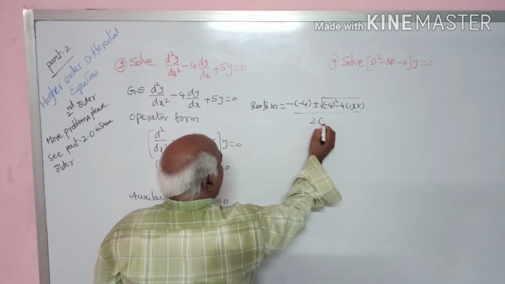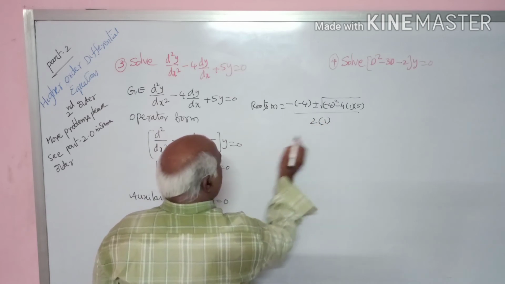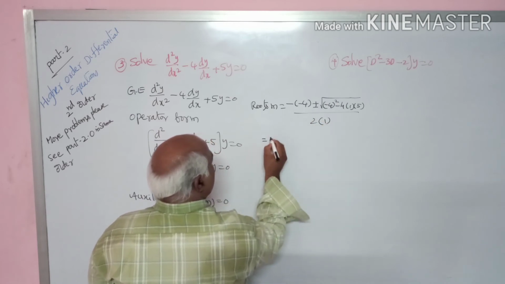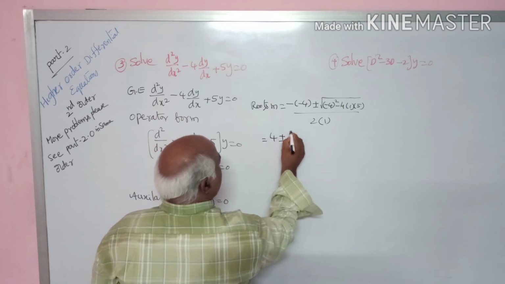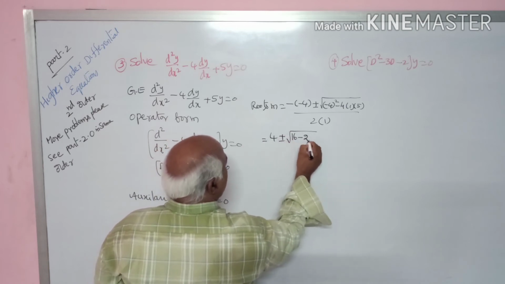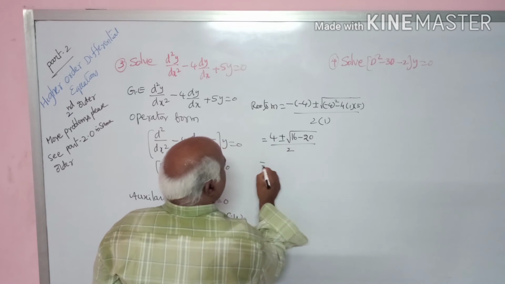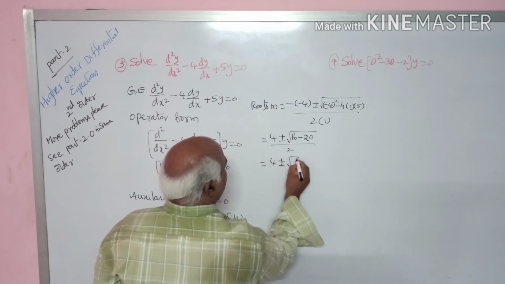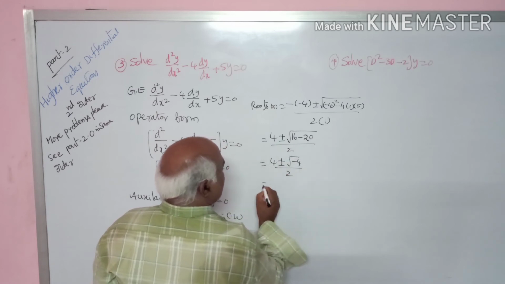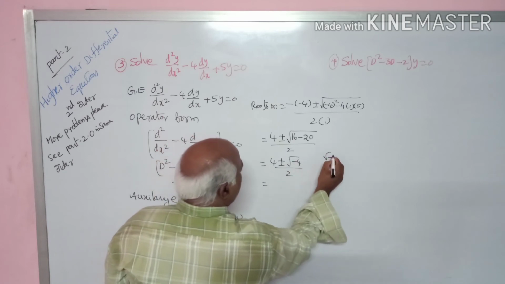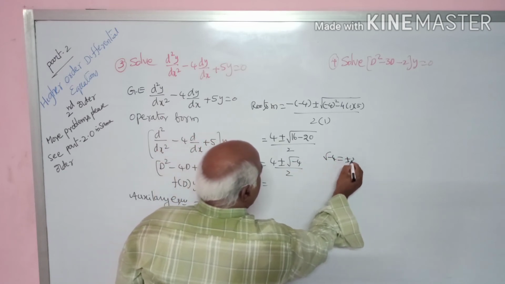Therefore 2a is 2 into 1. Therefore m is equal to 4 plus or minus root of 16 minus 20 by 2, that is 4 plus or minus root minus 4 by 2. Root minus 4 is simply plus or minus 2i.